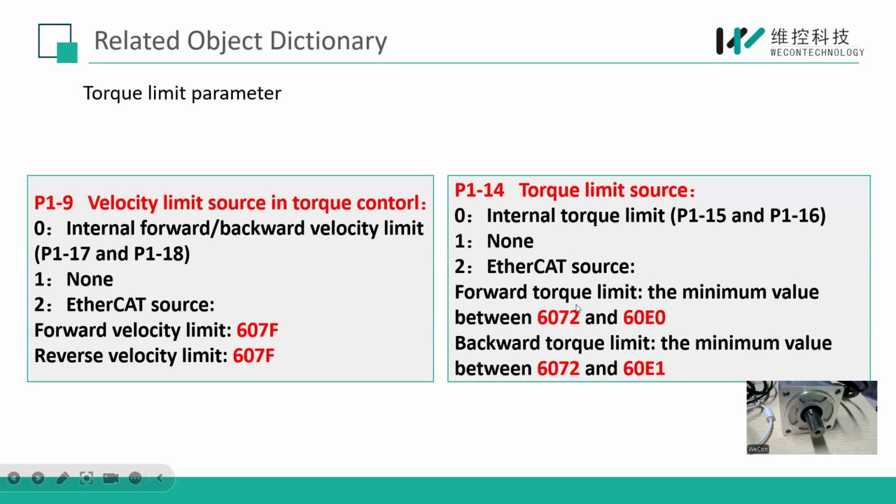Regarding the relationship between the max torque limit and the forward torque limit, it will take the minimal value between these two. For example, if we set the max torque limit as 10% and the forward torque limit as 5%, at last this 5% will take effect. And it is the same in the backward direction.